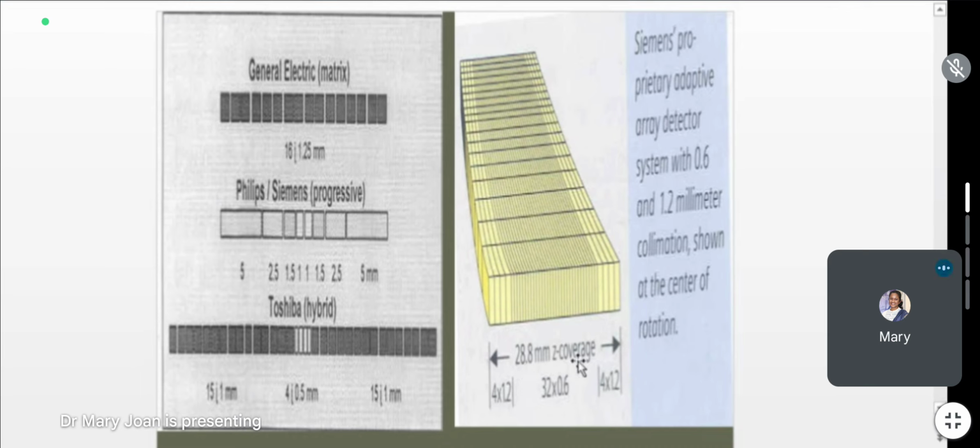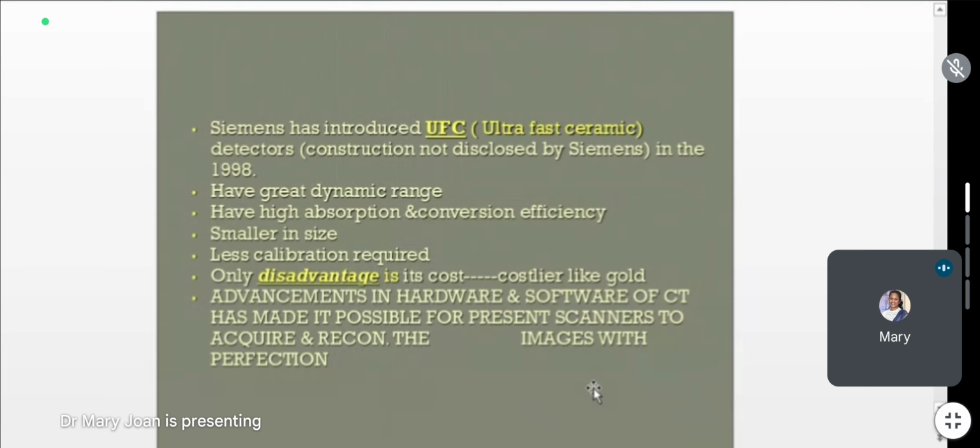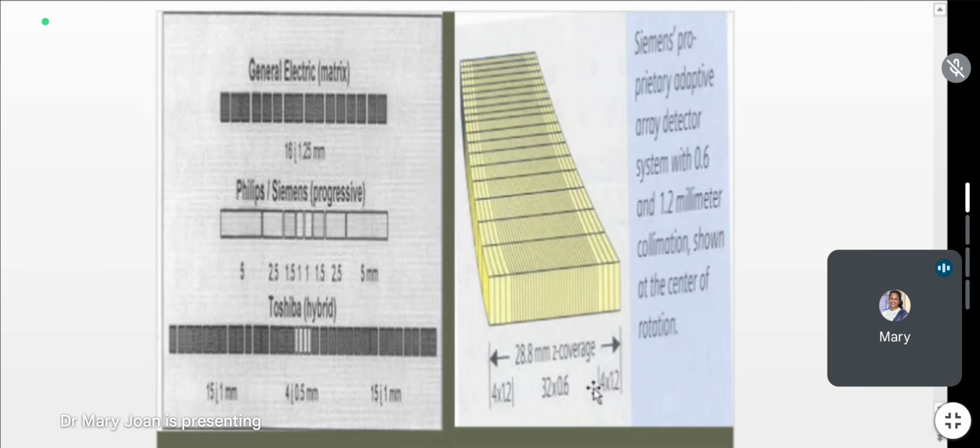So 32 elements of 0.6 and 4 elements of 1.2 at both sides, covering 28.8 mm across the z-axis.